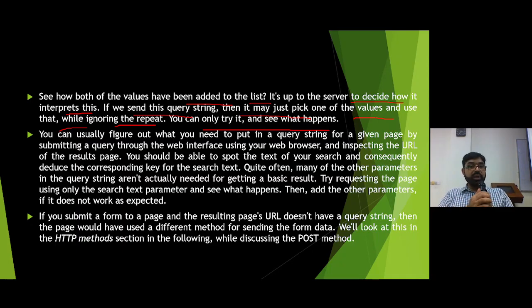You can usually figure out what you need to put in the query string for a given page by submitting the query through the web interface using your web browser and inspecting the URL of the results page. You should be able to spot the text of your search and consequently deduce a corresponding key for the text search.